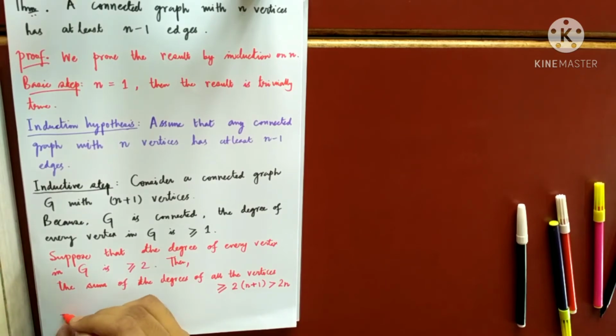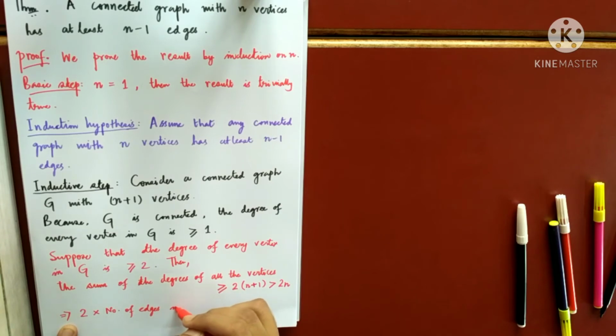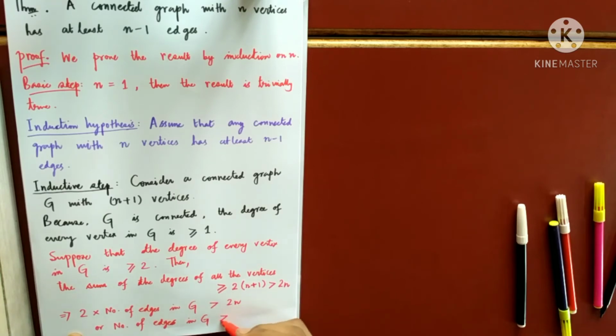So I know that in a graph, the sum of degrees of all the vertices can be written as 2 into the number of edges in G. This is greater than 2n, so the 2 and 2 get cancelled. The number of edges in G is greater than n, and then we have got the proof. Under this condition, I was supposed to prove that my graph has at least n edges. I have proved it. Understood the first part of the proof?